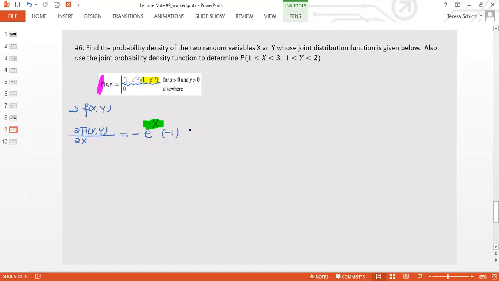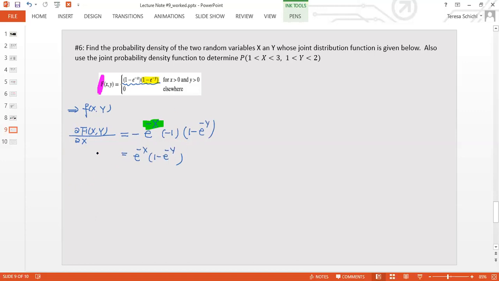You still have 1 minus e to the negative y, because this is a constant. You only take the derivative with respect to x. So let's simplify: this is e to the negative x, times 1 minus e to the negative y.